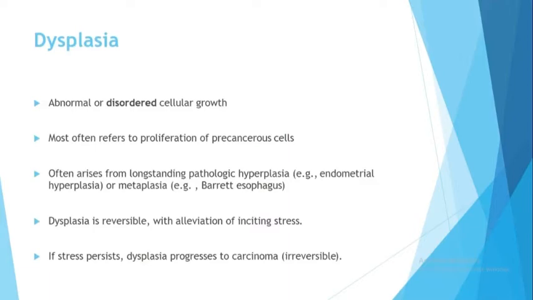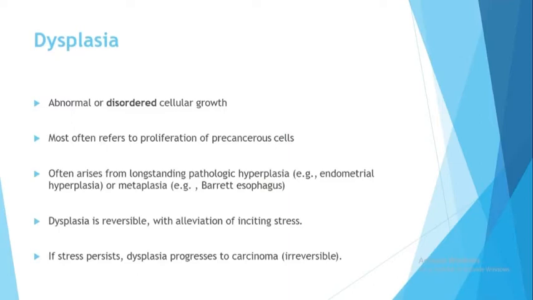And we already discussed a couple of things about dysplasia. It often arises from long-standing pathologic hyperplasia or metaplasia. For example, long-standing endometrial hyperplasia can progress to endometrial dysplasia, and endometrial dysplasia can progress to endometrial cancer. Barrett esophagus is a type of metaplasia, and we said that metaplasia can progress to dysplasia and dysplasia can progress to cancer.